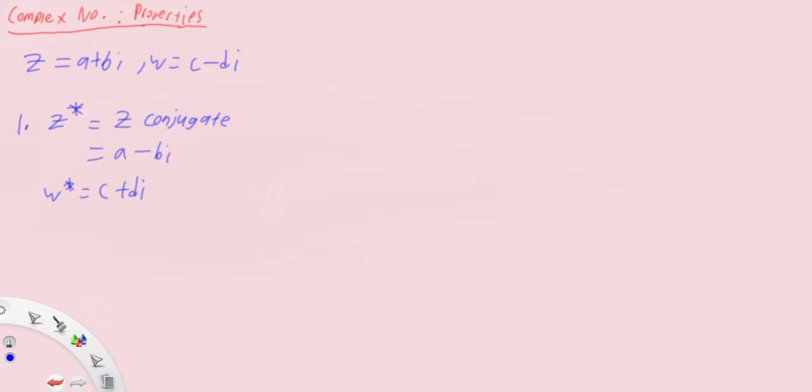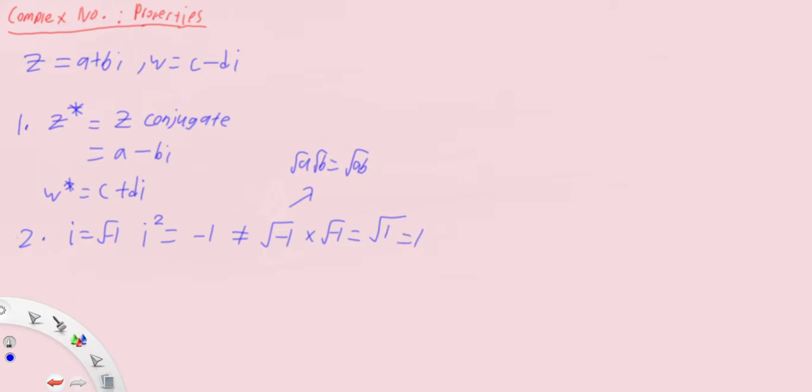The second one is we know that i equals root minus 1. i square is minus 1, not what you think it is. You might think, well, you know the property root a times root b equals root ab? Minus 1 times minus 1 is 1, then I get back 1.